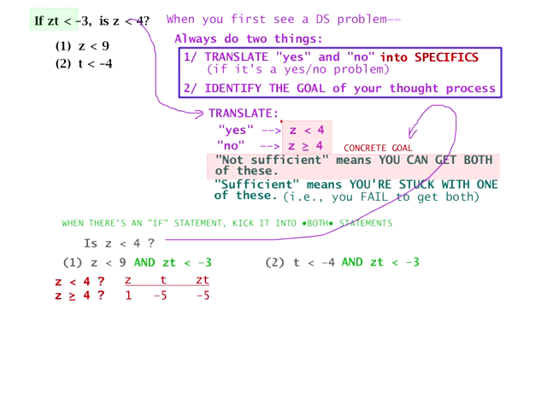That works, and z is less than 4. So we got that. That case doesn't actually work because zt has to be less than -3. It can't be -3. It has to actually be less. So once this happens, what is our only goal in life?